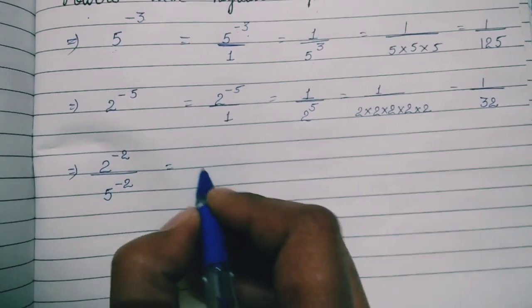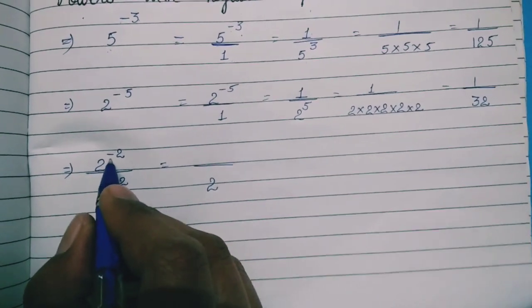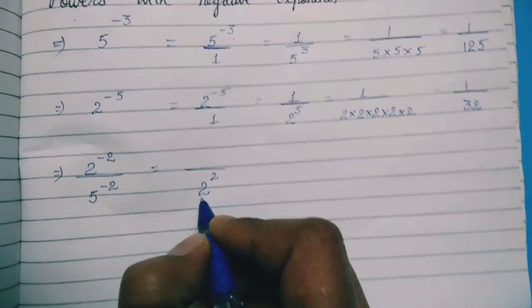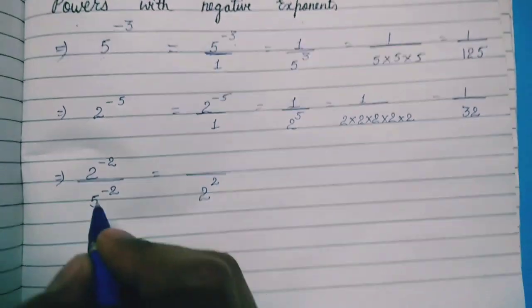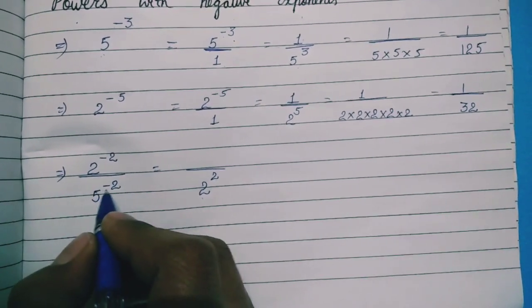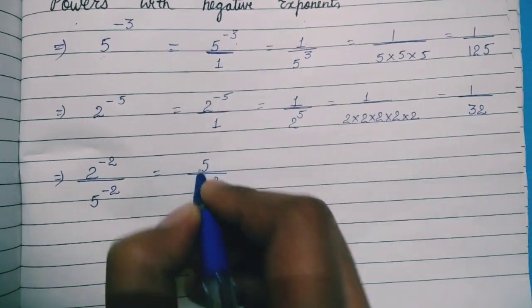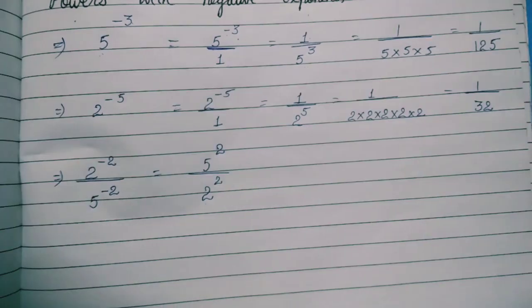This value will come in the denominator and it will remove its subtraction symbol, so what will come here? 2 raised to the power 2. And 5 raised to the power minus 2 will go on the upper side, so it will remove its negative symbol as 5 raised to the power 2.